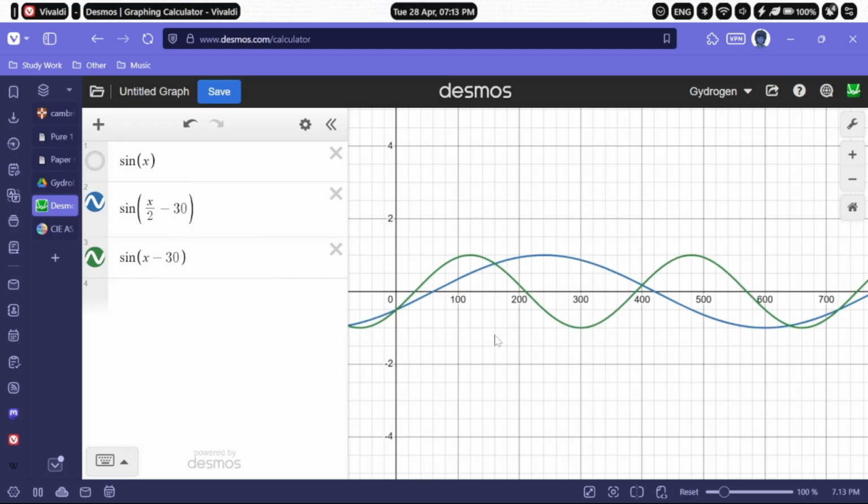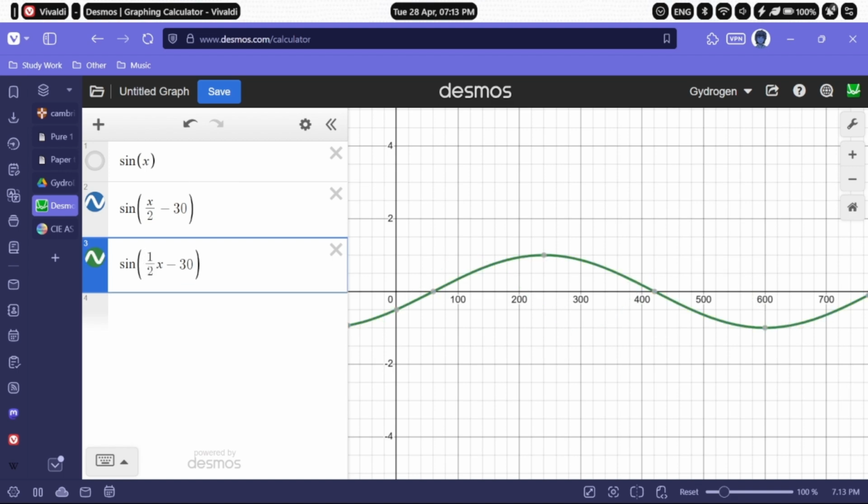So this would become x over 2, but then this part over here would also, in a way, you have to visualize it. You're multiplying all the x values by 2, and you're also stretching this minus 30 by 2. So minus 60. So if you translate it first, you do 30.